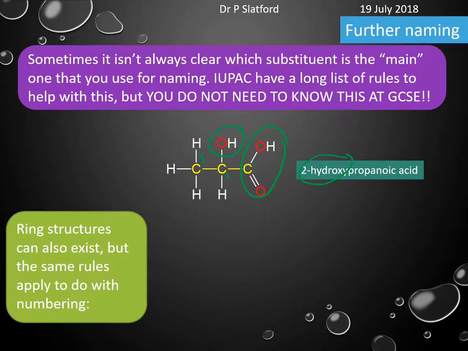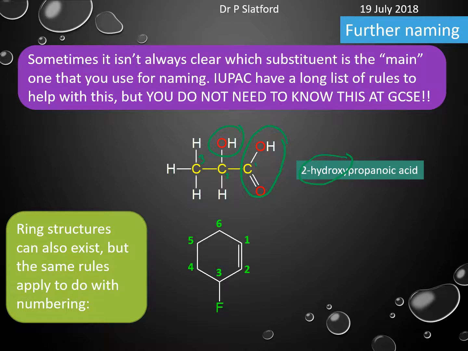And finally, I just want to tell you that rings can also exist, but the same rules apply in terms of numbering. So if I've got this 6-membered ring, it looks like a hexagon. And strangely enough, if it had nothing on it, it would be called cyclohexane.